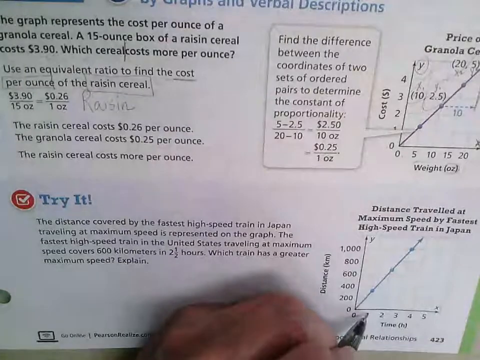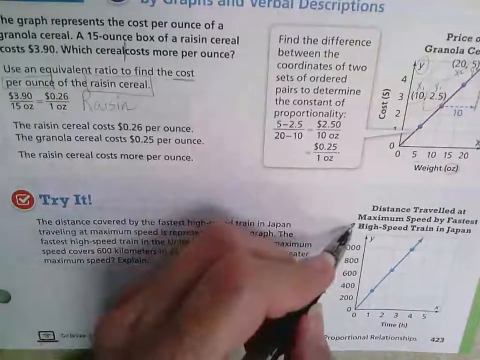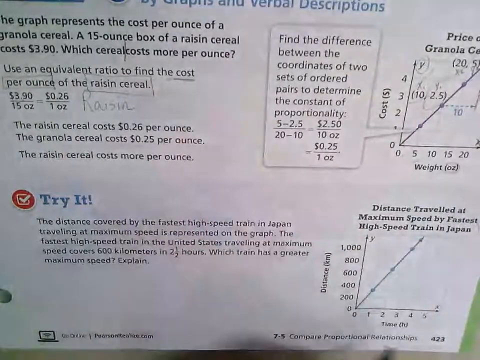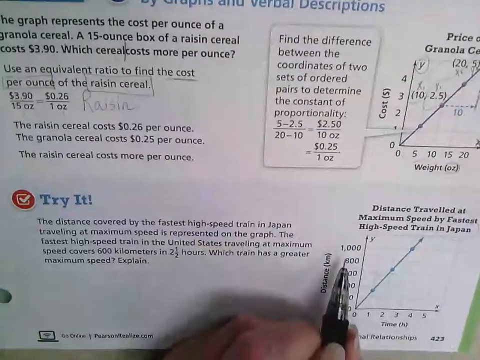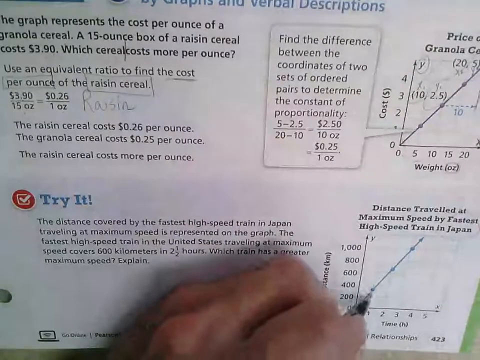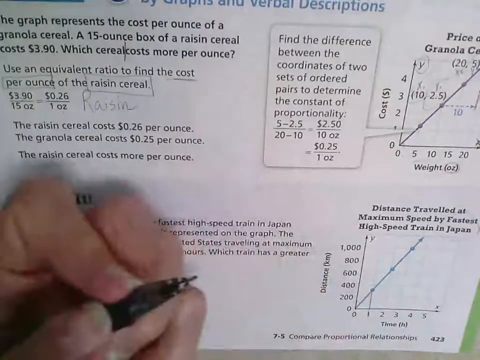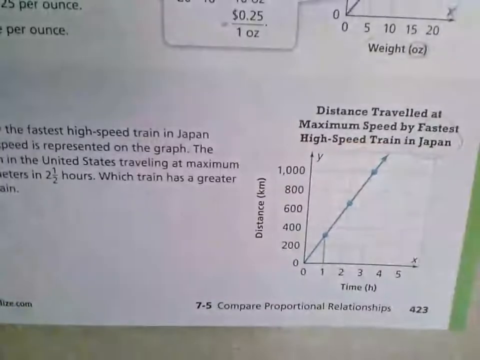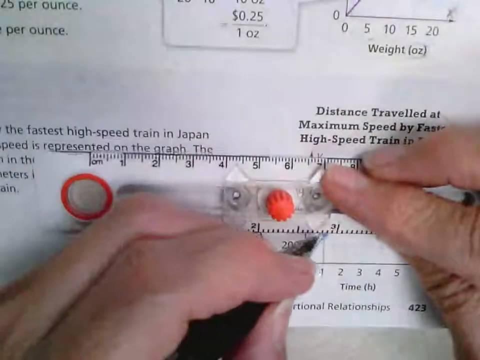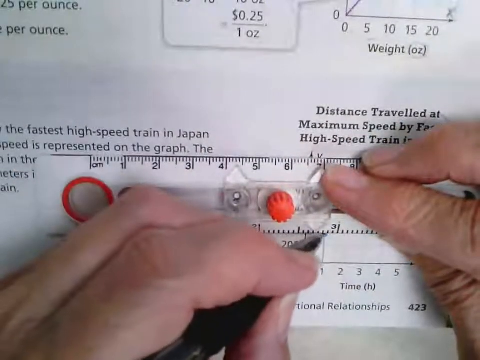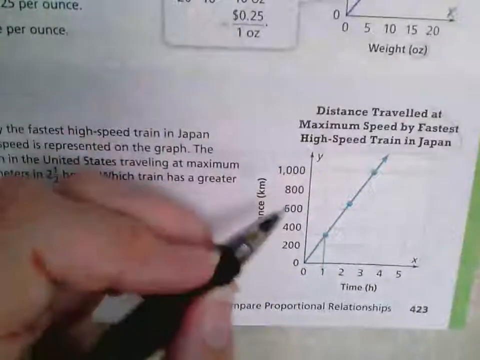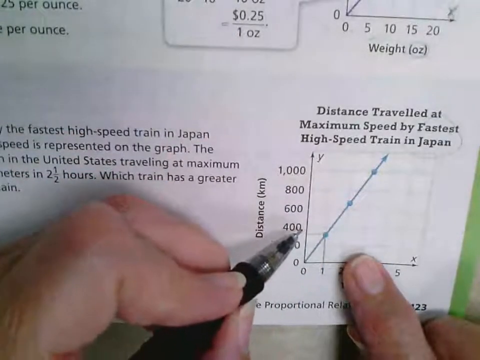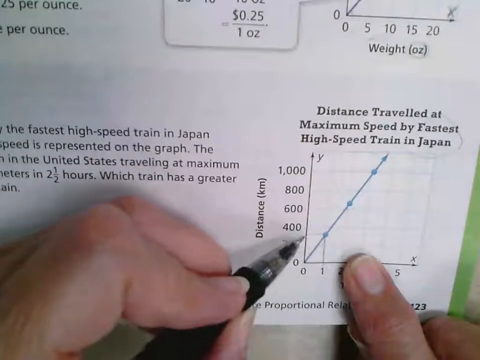So again, you can see this is Japan, and here's our x and here's our y. You can see that when we look at 1, it doesn't really line up again with the blue lines. Again, we could ballpark it, but that blue dot is kind of large, so you're going to take it off the top part of the blue dot, the bottom, the middle.